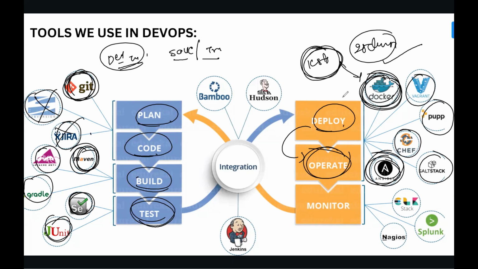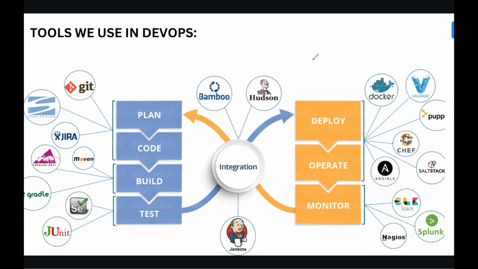After operate, what do we have here? We have monitor. To monitor our application and our infrastructure, we have ELK, Splunk as well as Nagios. Actually these are all old tools, guys. But what we are going to learn is Prometheus as well as Grafana.